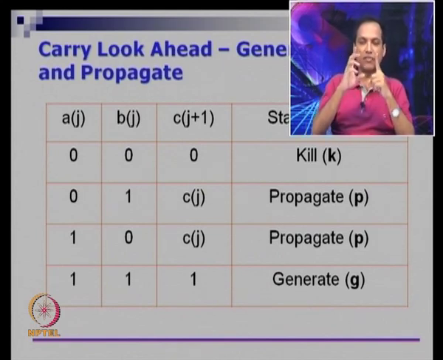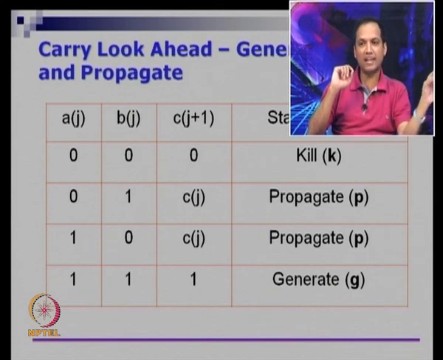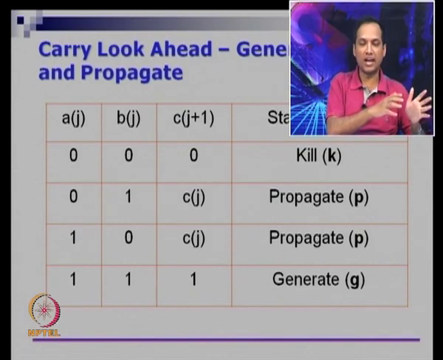If both the inputs are the same, either we are killing the carry to the next stage or we are generating a carry for the next stage. However, if the inputs are different at a particular stage, then the incoming carry is passed on to the outgoing carry. And notice that this incoming carry being passed on to the output carry is the problem in our ripple carry adder.